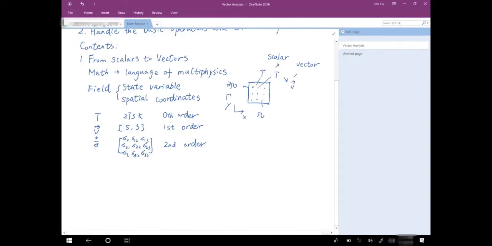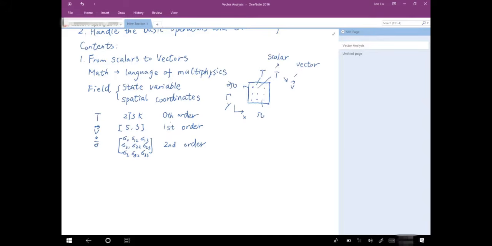No matter what x, y, z you choose, at any point the value stays the same. For example, the temperature at this point, no matter whether you use that as the origin point and set x, y, z there, or you set x, y, z at another corner of the classroom, you will get the same value for temperature at this point.